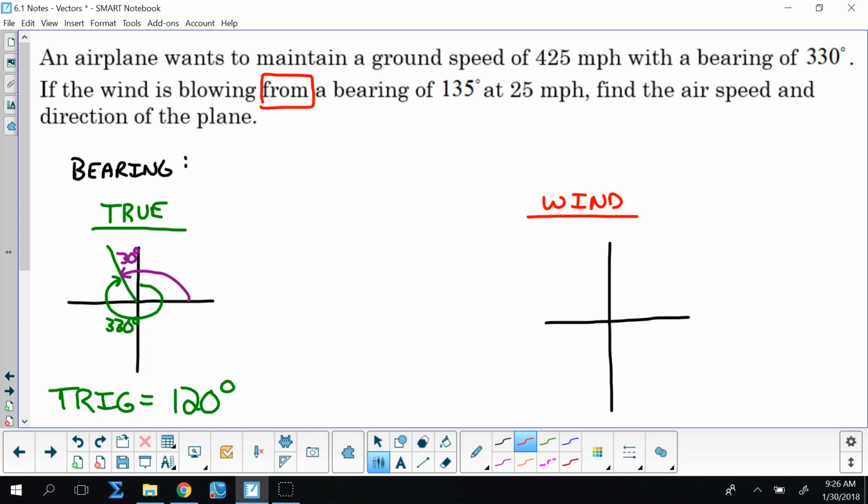The wind is from a bearing of 135. So a bearing of 135 is down here. Correct? But it's from there, which means it's actually blowing to that red direction.